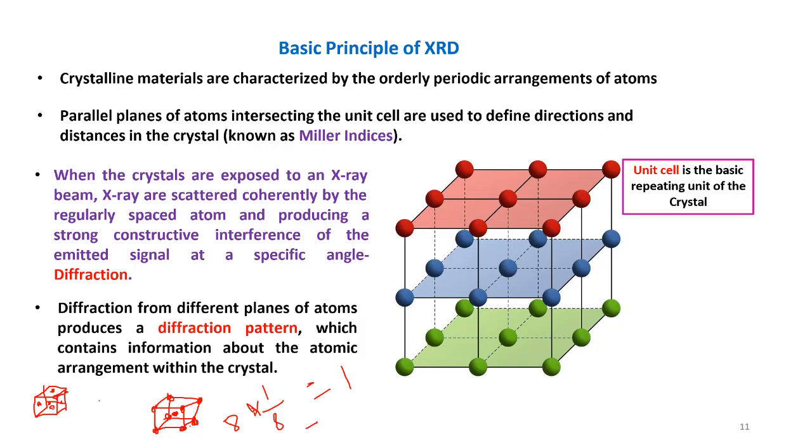So that is 6, and all share their half part in the cube, so 1 by 2. So 6 into 1 by 2, we will get 3. So here 3, and on the vertices again 1, so 3 plus 1. So here we will get 4 atoms.